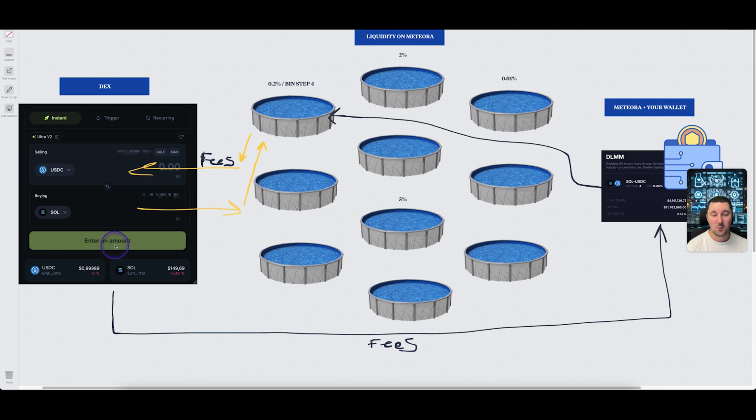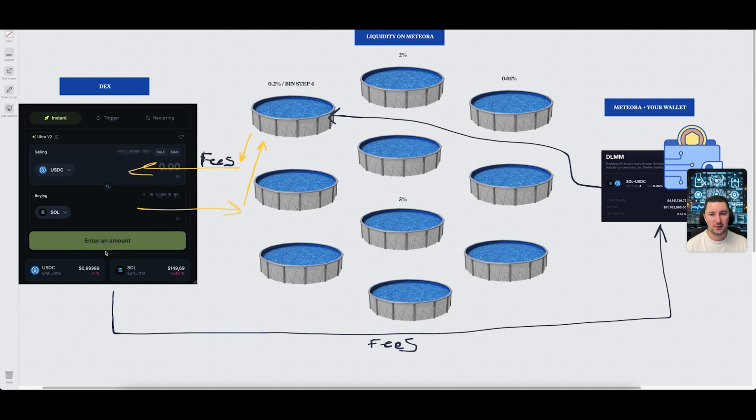So what is slippage? Every time you click swap, there's a lag between you clicking this button and the actual market price. For example, the market price is $150 per SOL, you click the swap button, and we have high volatility in the market.